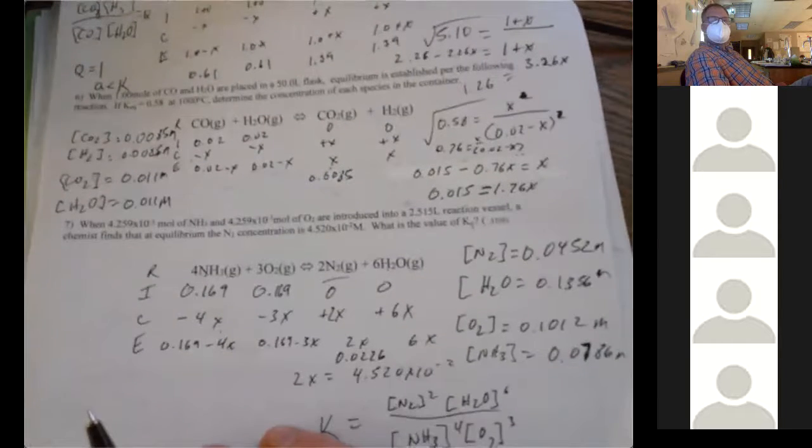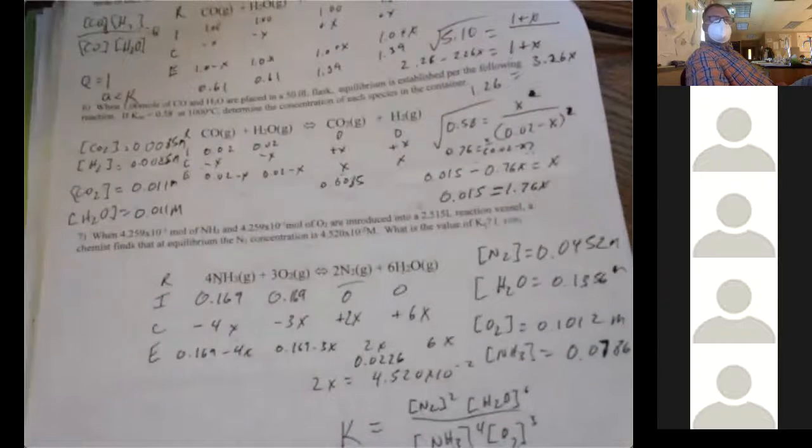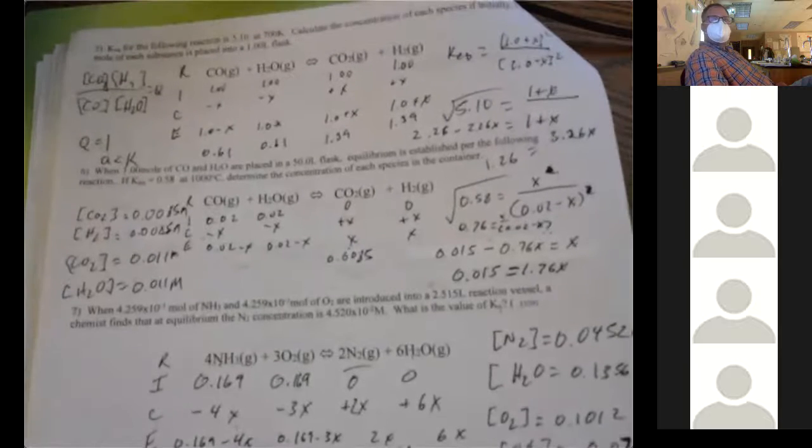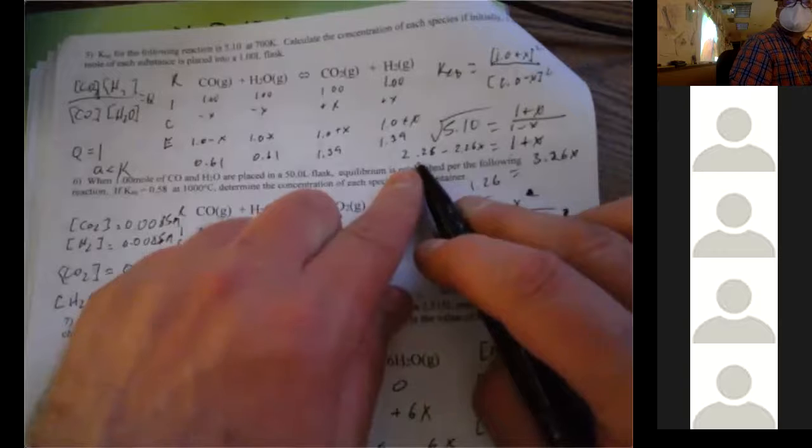I have a question. So, number 5, when you do square root of 5.10 equals, should it be 1.0 plus x over 1.0 minus x? Yes. So what I did here is I multiplied both sides by 1 minus x, and that's how we get 2.26.